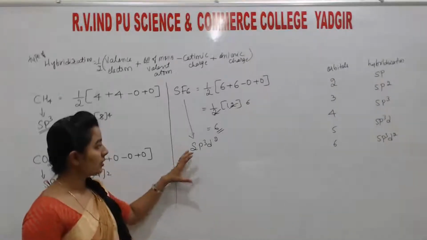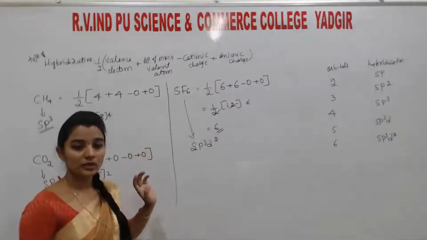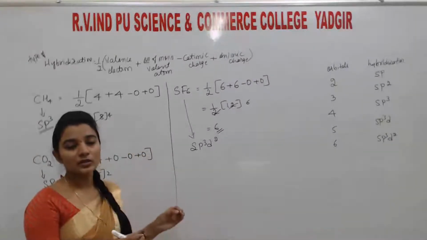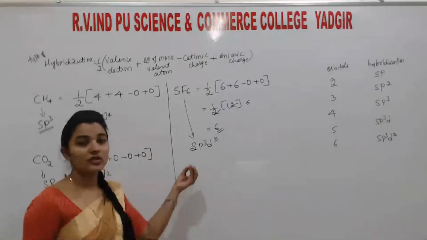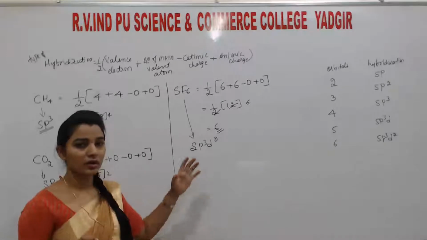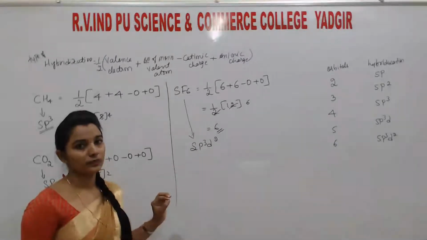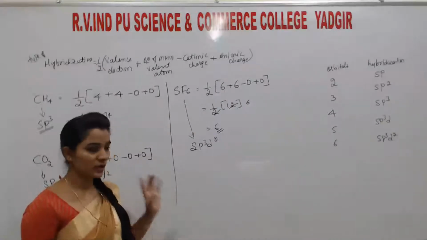Understand? This one is the technique to find hybridization in NEET examination, because they won't check which way you are choosing to solve the problem. They simply check whether the given option is right or not. Only that matters. So this is the easy thing.